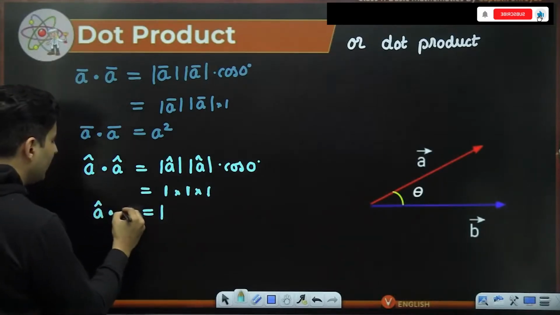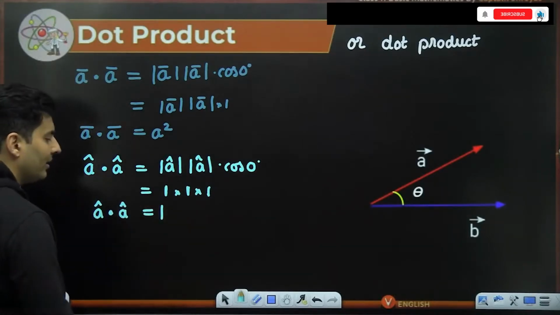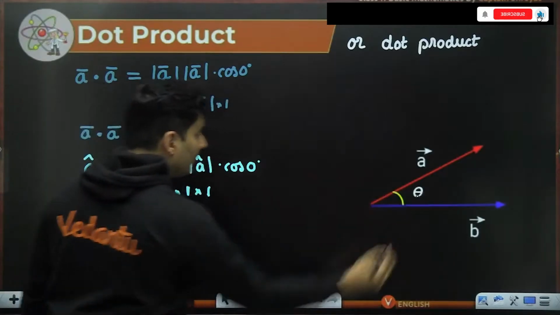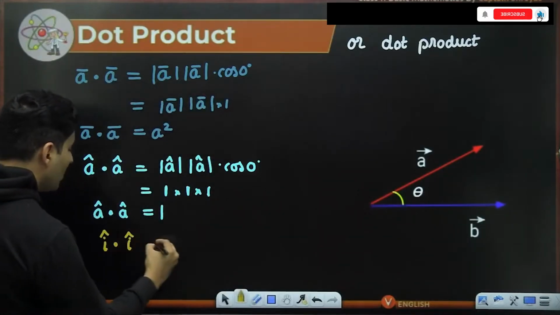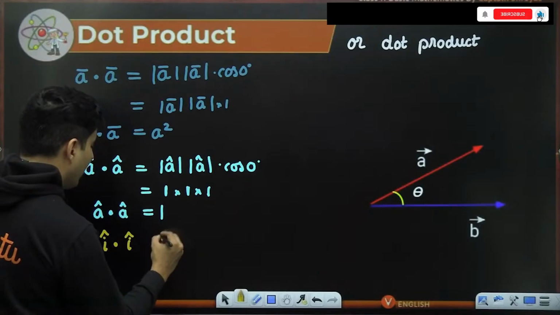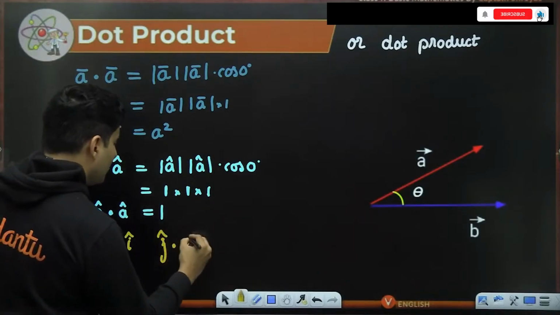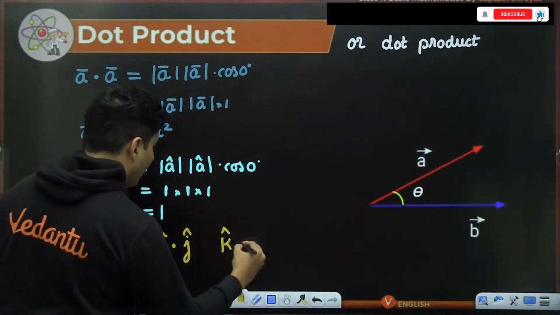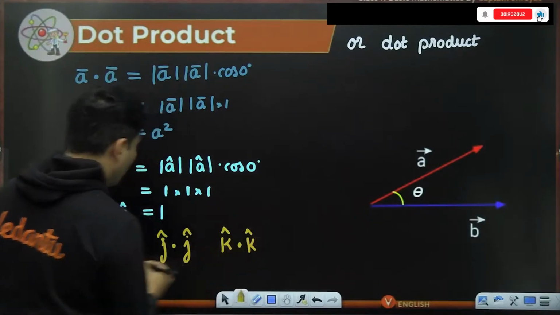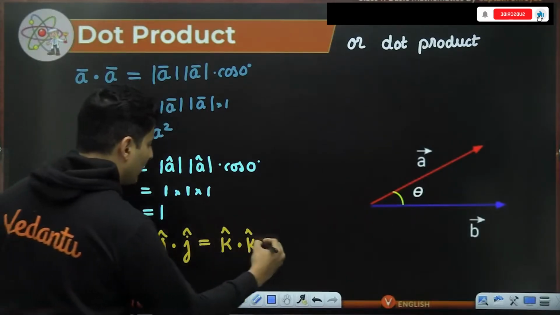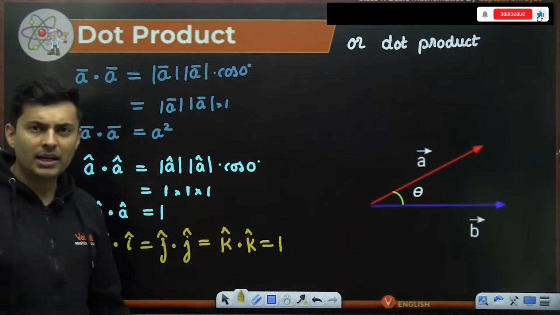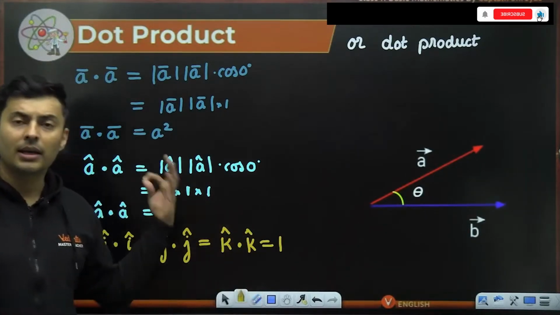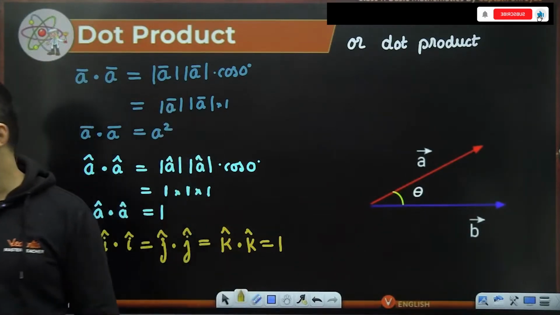So a hat dot a hat will be 1. Then what if I do i hat dot i hat, or j hat dot j hat, or k hat dot k hat? All of them are unit vectors dot producted with themselves. They will always be 1. I dot I, j dot j or k dot k will be exactly equal to 1.